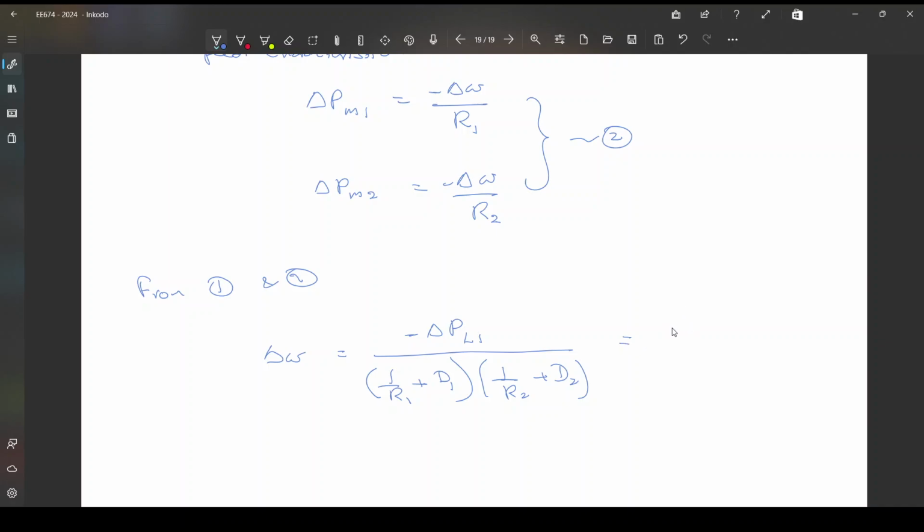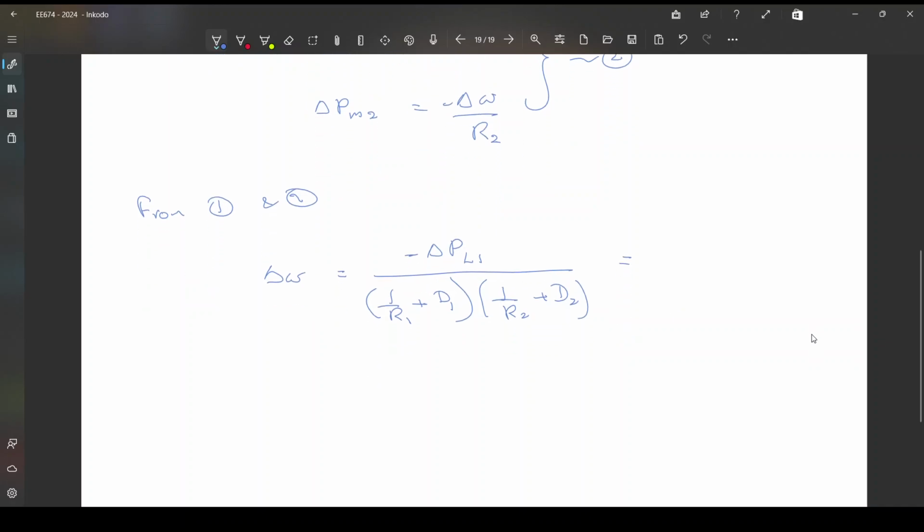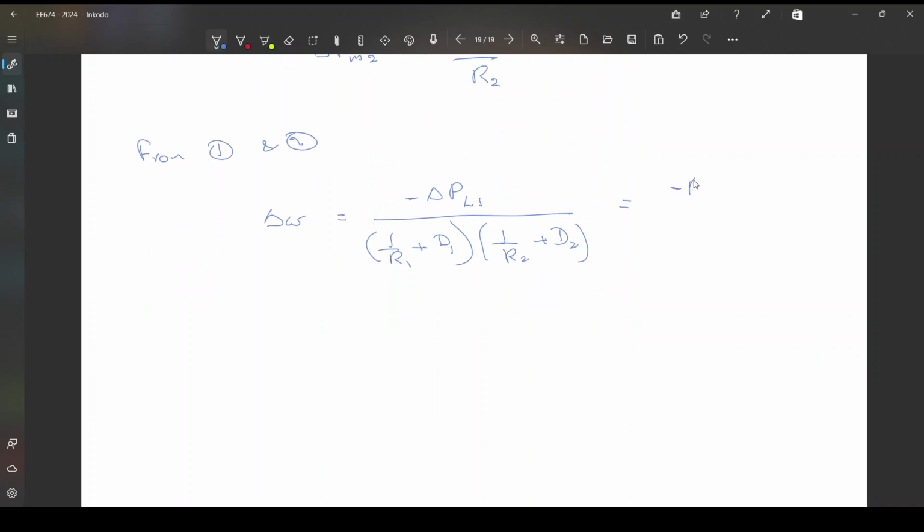So we can write this as minus delta PL1 divided by B1 plus B2, where 1 over R1 plus T1 is equal to B1 and 1 over R2 plus T2 is equal to B2, and these are called the frequency bias factors. So B1 and B2 are called the frequency bias factors, right?